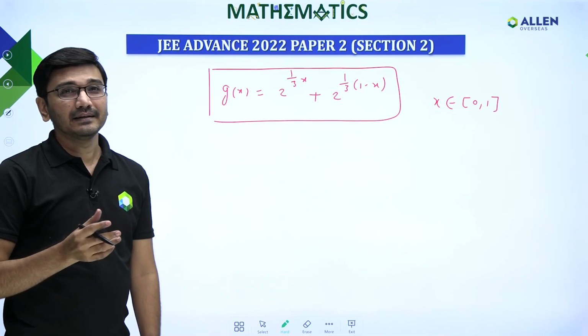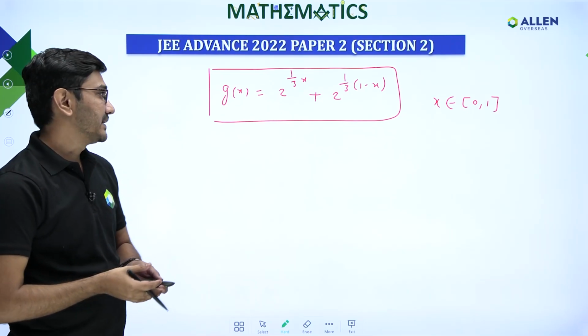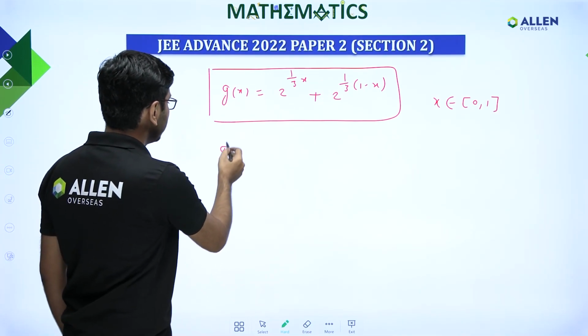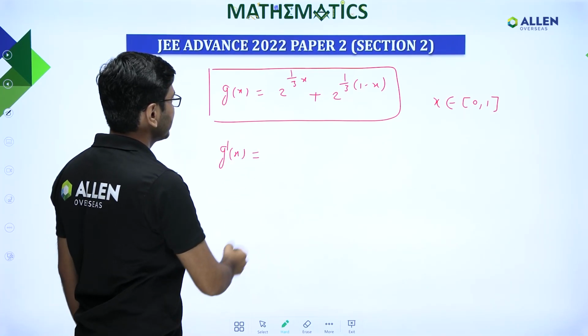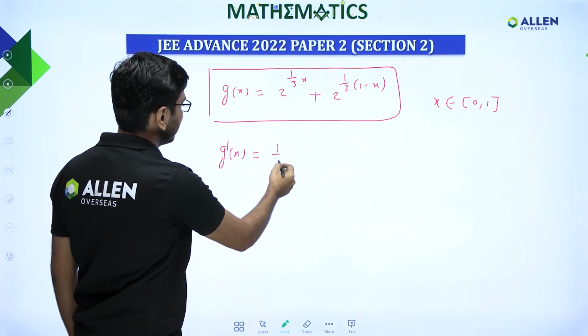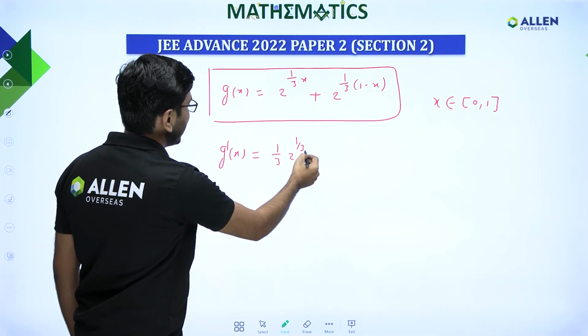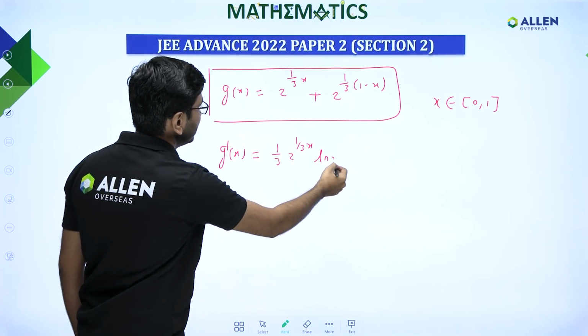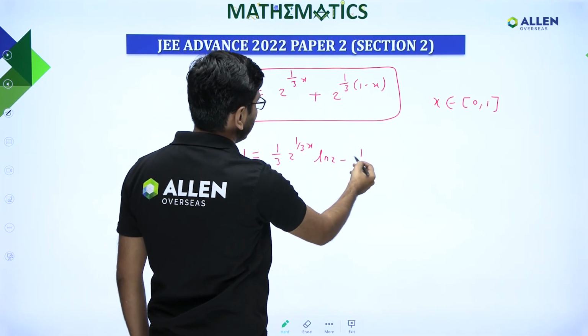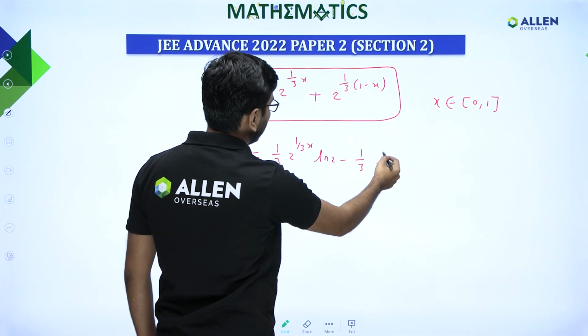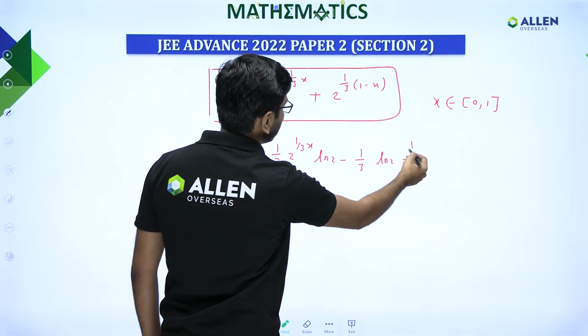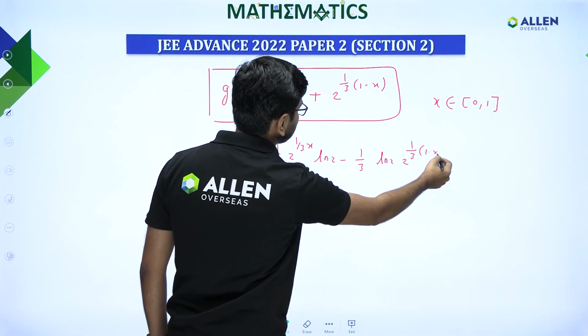To check its minima or maxima, definitely we need to differentiate. So, let us differentiate this. After differentiating, what do we get? G dash of x will be, derivative of 2 raised to (1/3)x will be 1/3 times 2 raised to (1/3)x times ln of 2, and here the derivative I will get is minus 1/3 again ln of 2 times 2 raised to (1/3)(1 minus x).